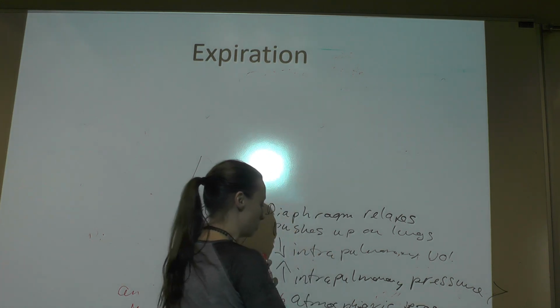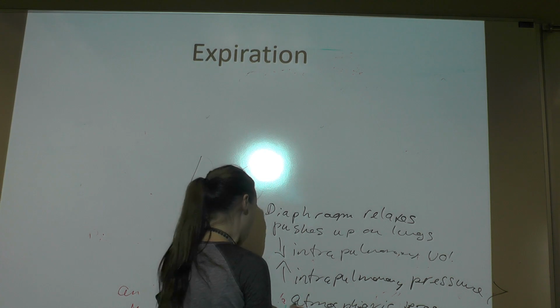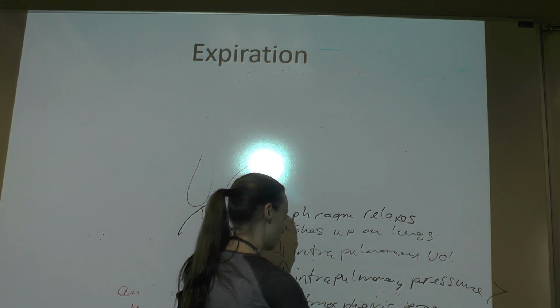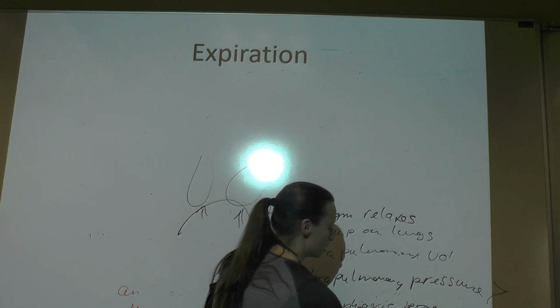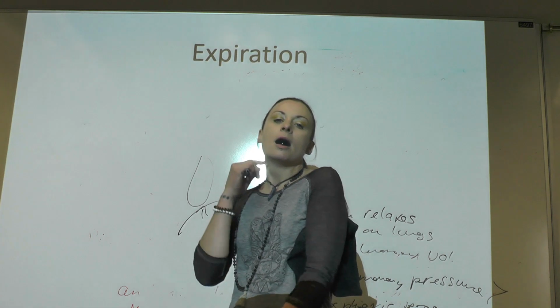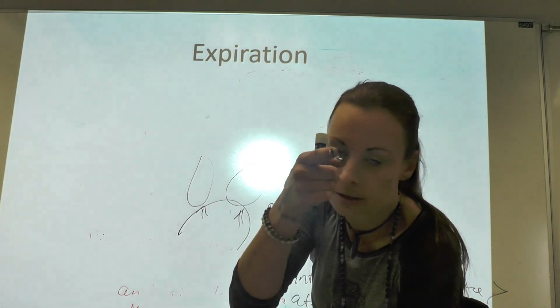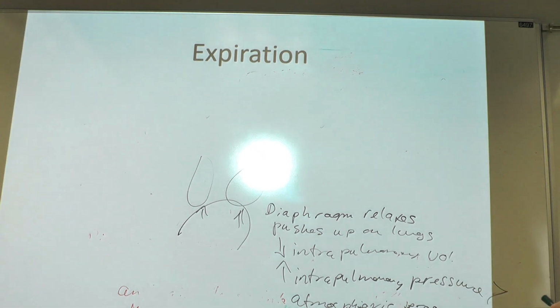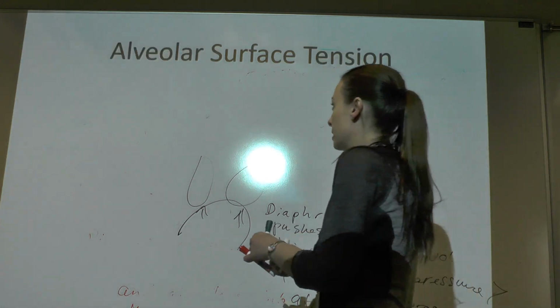So air wants to move from high pressure to low pressure, and air will flow out of the lungs, through the bronchial tree, up the trachea, through the larynx, up the pharynx, past your nasal cavity and out your nose.